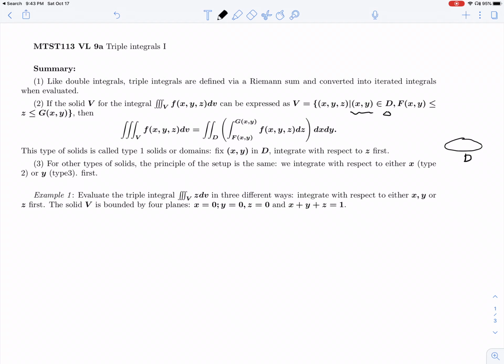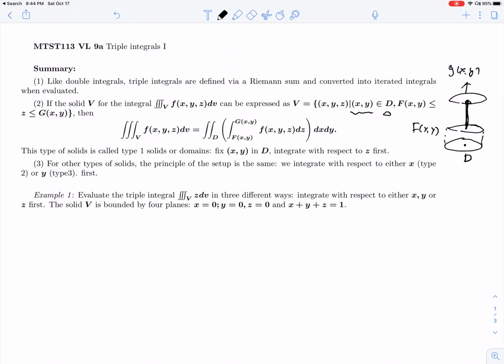Then we have a function above this D domain, and this function is going to be f. So this function over here is f of x y. And on the top, we have another one, which is going to be g of x y. For each fixed x y, we have a small rectangular cylinder.